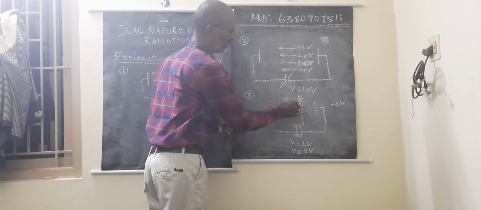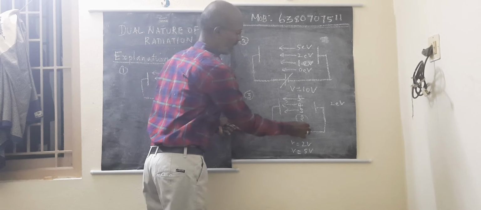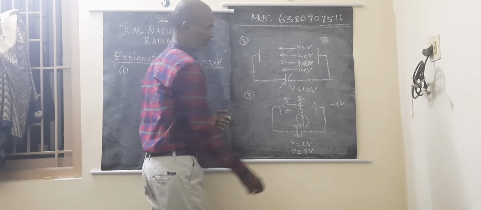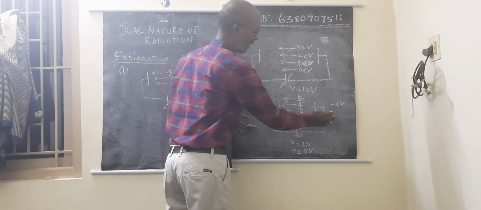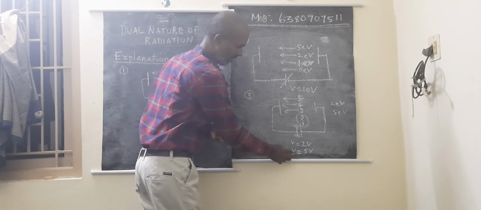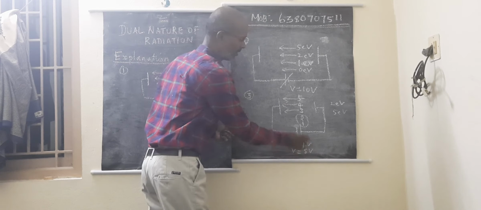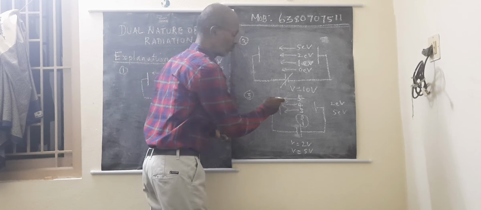This 5 electron volt can move here, 3 all will move here. These 2 cannot move. Suppose the maximum kinetic energy is 5 electron volt, and if you are supplying 5 volt, what will happen? This 5 electron volt cannot move to the other end.